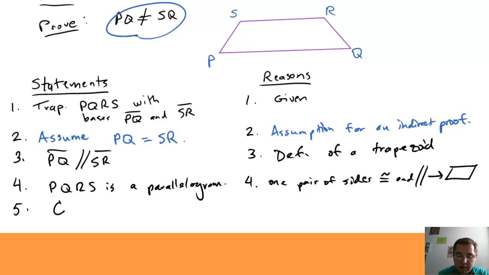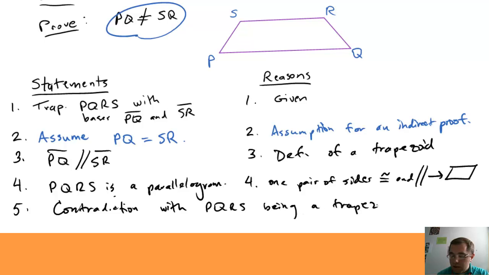So we write contradiction with PQRS being a trapezoid.